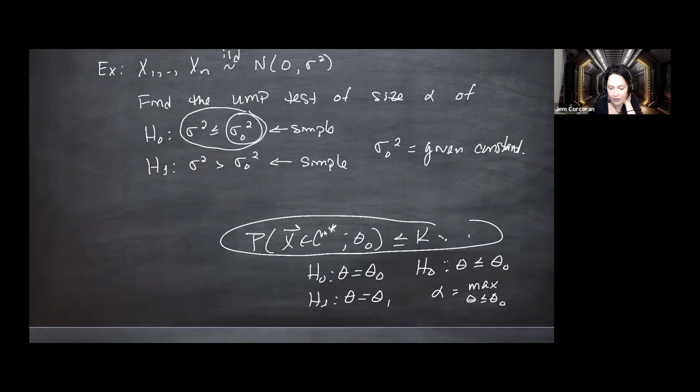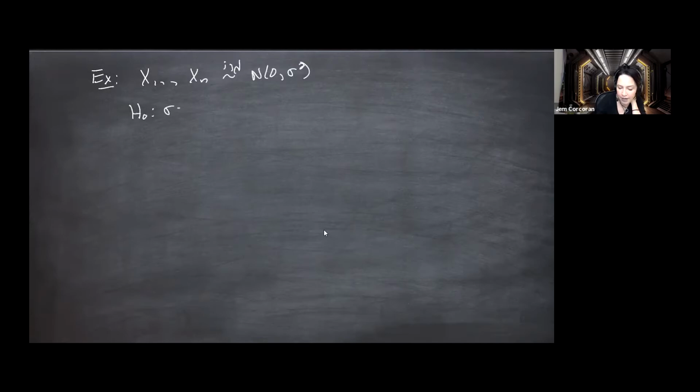So let's just do one more example and move on to GLRTs, and let's make it easy. Let's do this example: normal, 0, sigma squared. For right now, I'm going to make it nice and simple versus an inequality.